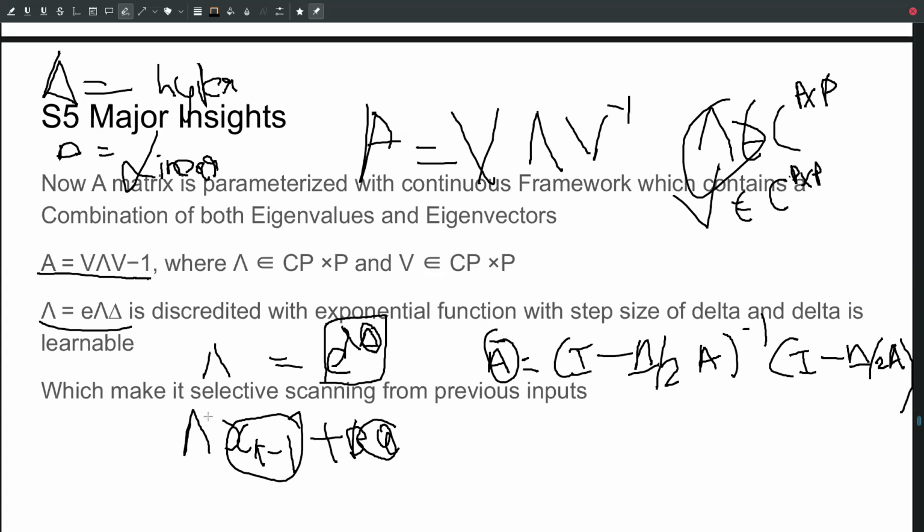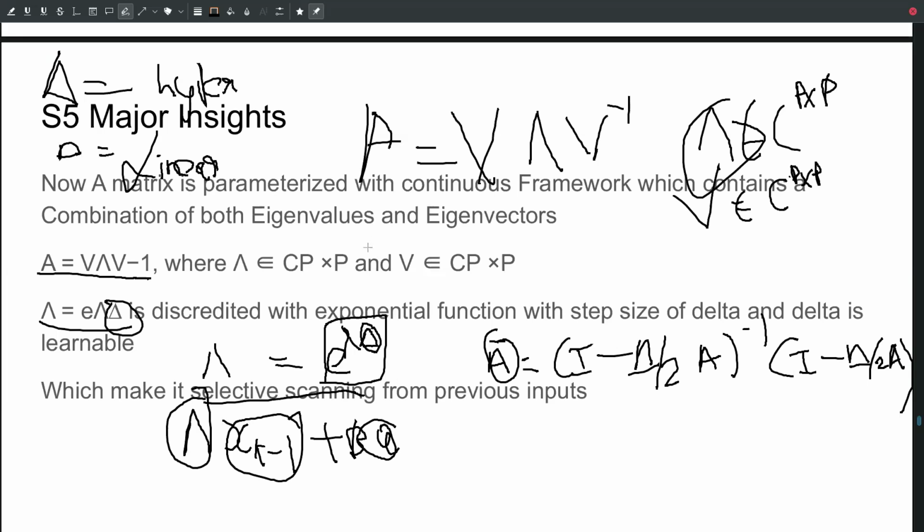So parameterizing delta would influence it. And while influencing with respect to the loss function, you eventually select the particular thing which is aligned towards the loss function. That's the key point. You are selectively choosing what to take and what to forget with this delta. So that's selective scanning.